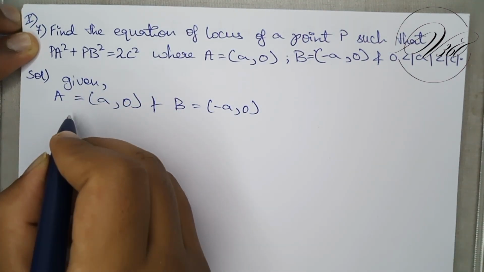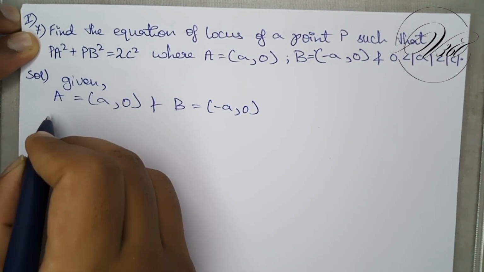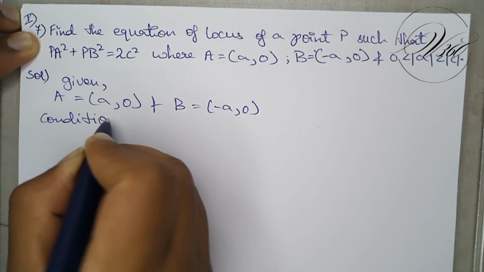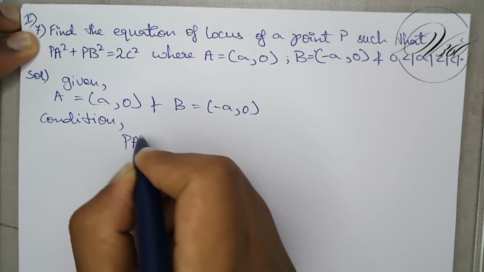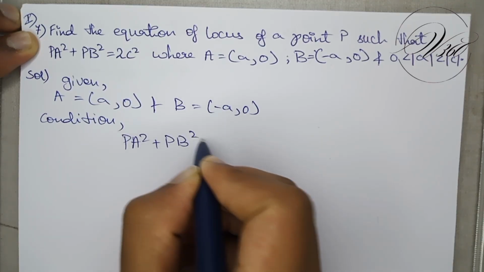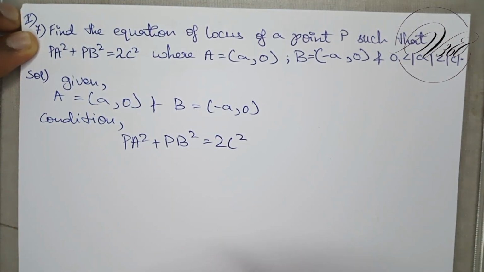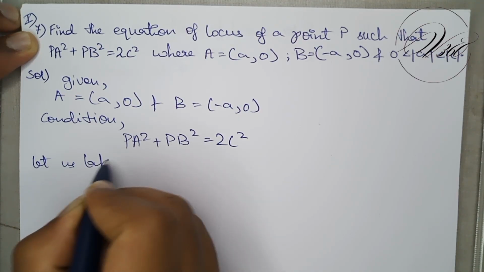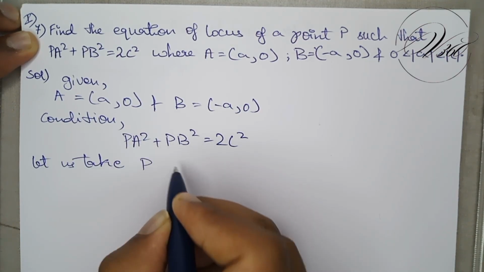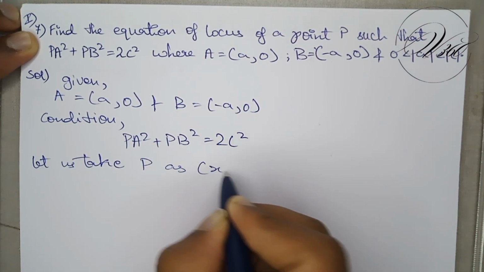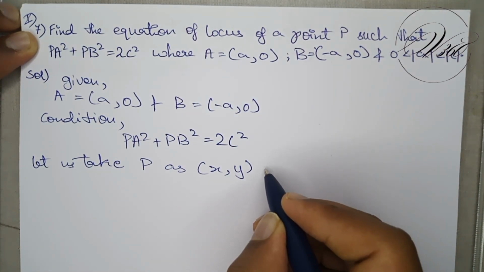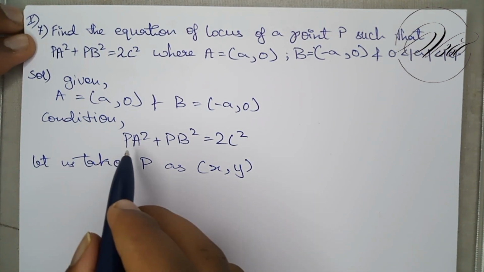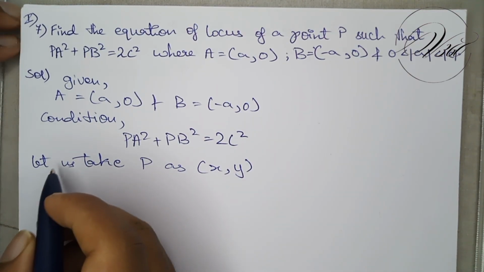Now here we have the condition, which is PA square plus PB square is equal to 2c square. Now let us take P as (x, y). According to this condition, we'll find the answer.